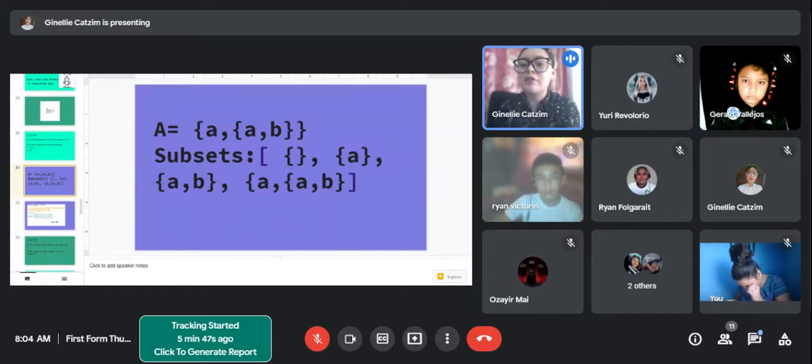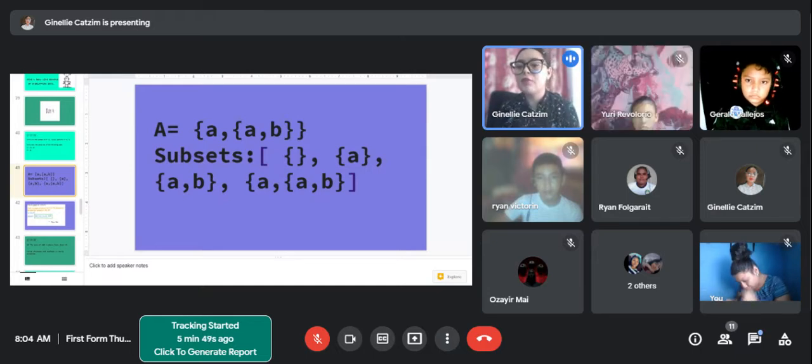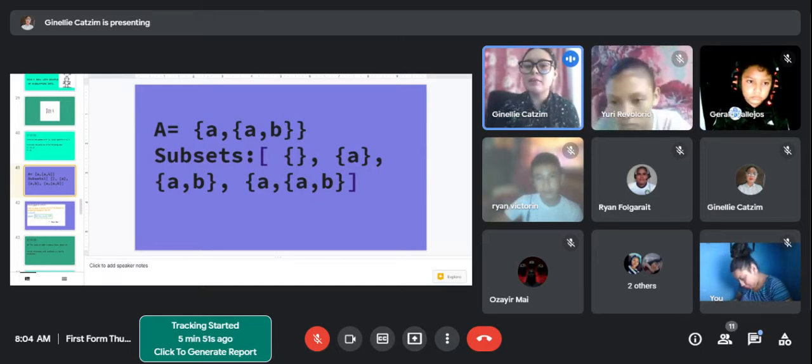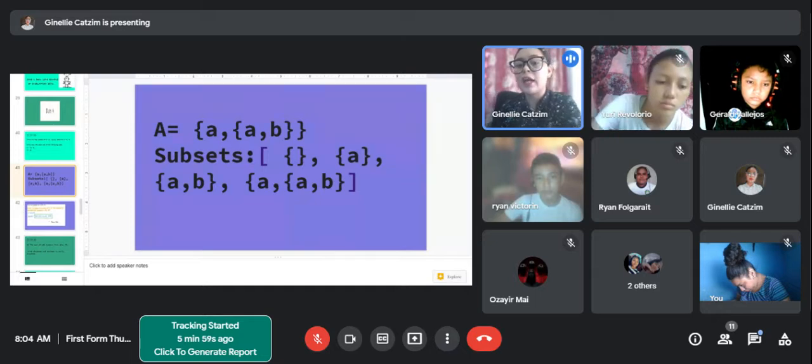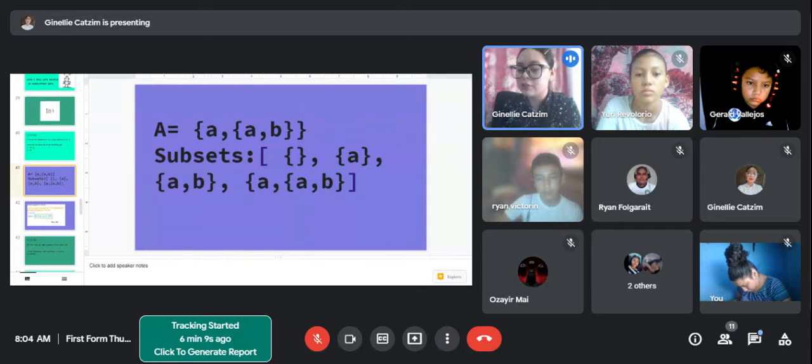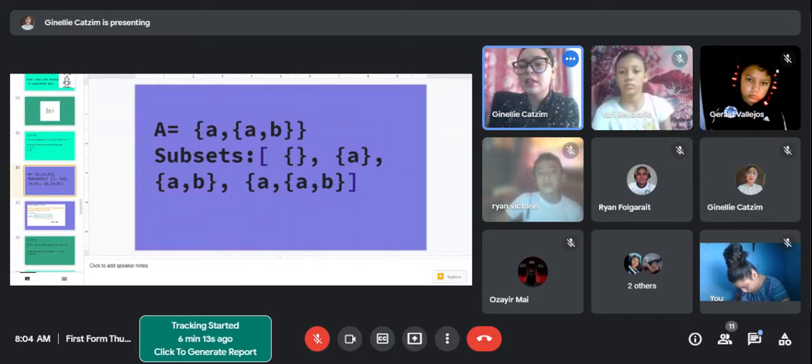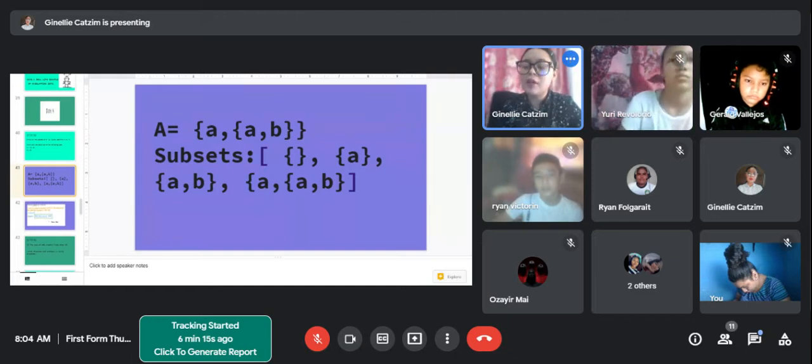We can also have A alone. Why? If we have this A, then that means that it is part of the big set. So we can also have A and B. Why could we have A and B? Because that is found in the bigger set, right? And then we have the set itself.